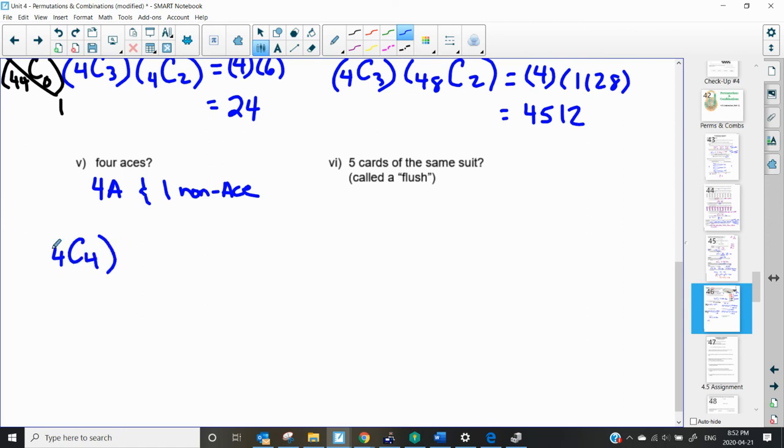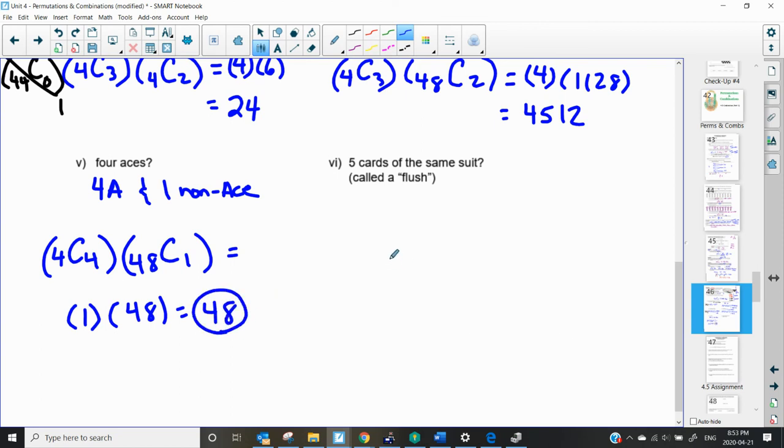So we have 4 aces, we're choosing all 4 of them, and if you remember, 4 choose 4 is just 1. And we have 48 other cards, and we're going to choose one of them. So this is one you should actually be able to do in your head. 4 choose 4 is 1, and 48 choose 1. There is 48 ways to choose one card out of 48 cards, and so our answer is 48.